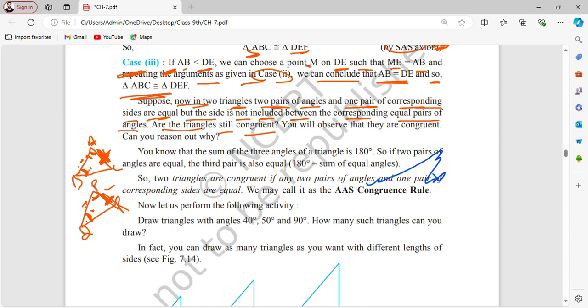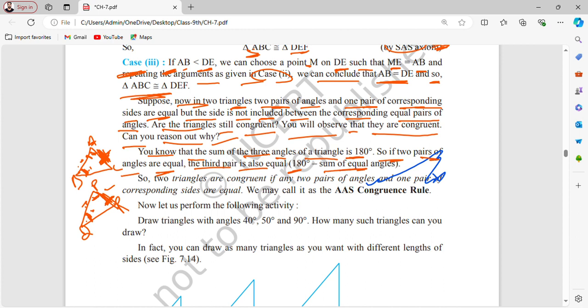Let's understand. We will observe that they are congruent. Can you reason about why? You know that the sum of the three angles of a triangle is 180 degrees. Angle sum property. So if two pairs of angles are equal, the third pair is also equal, being 180 minus the sum of the two angles.